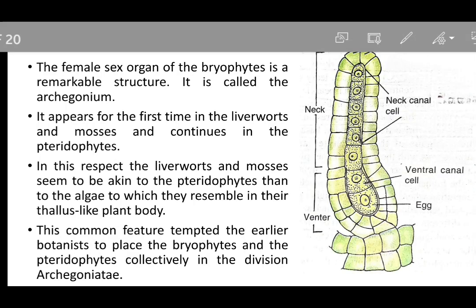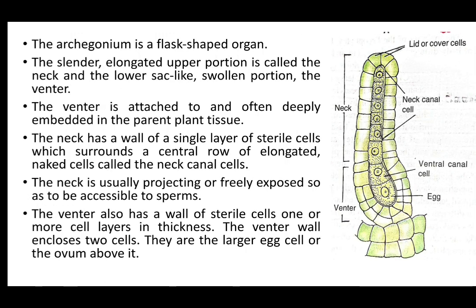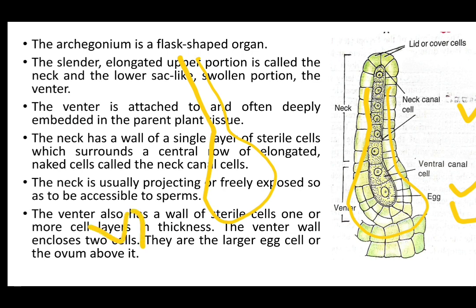Next, archegonium. Archegonium is the female sex organ, and it is a flask shaped organ. It is a flask-like structure like this. They have neck canal cells, ventral canal cell, and egg. Basically it has a long neck and a basal venter.